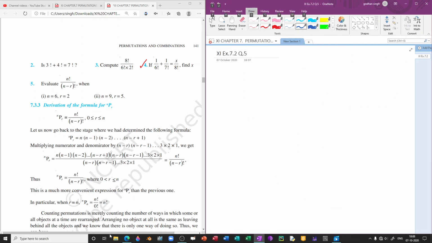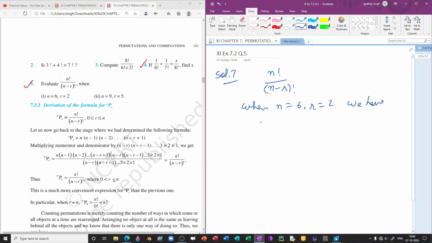Question 5. Exercise 7.2. Evaluate n factorial over n minus r factorial when n is equal to 6 and r is equal to 2. Solving question number 5 is very simple. We just have to put in the values. So n factorial over n minus r whole factorial, when n equals 6 and r equals 2.